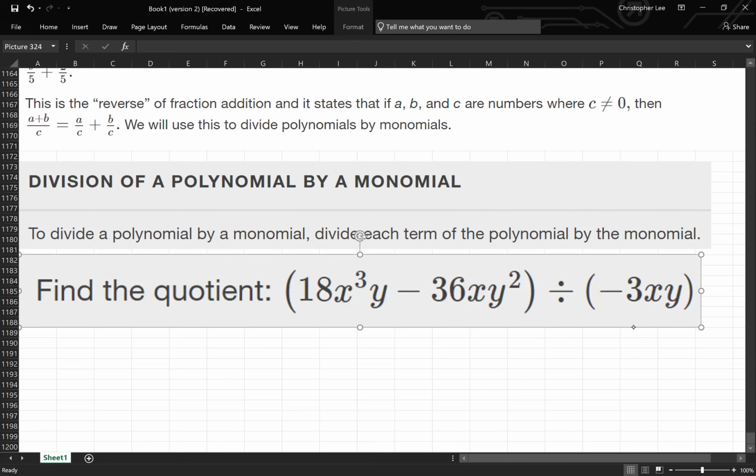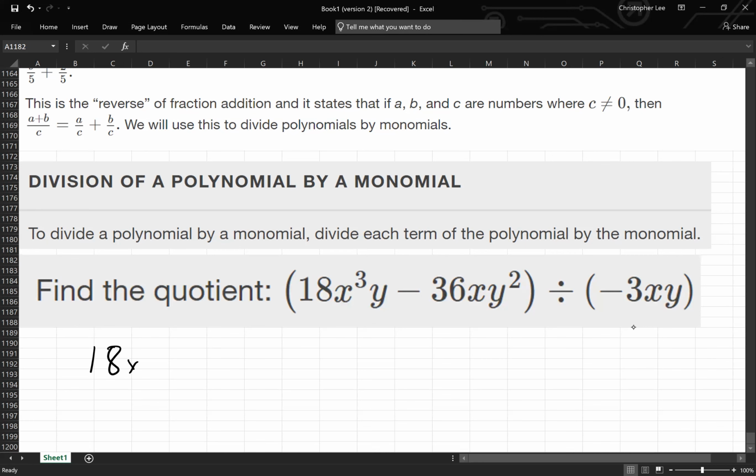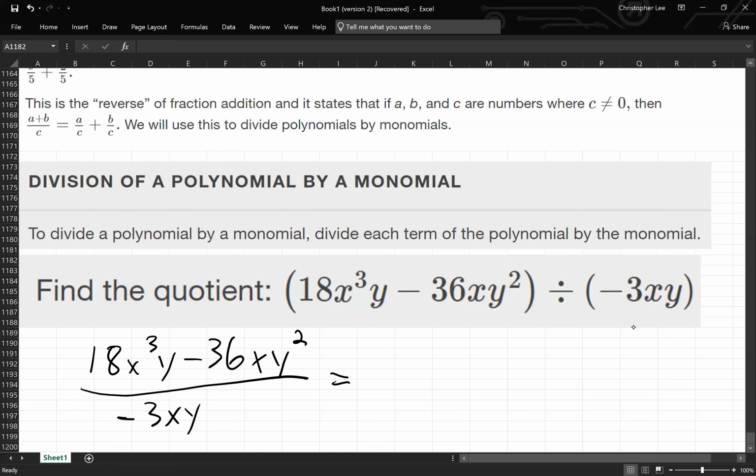So I have 18 x cubed y minus 36 xy squared divided by -3xy, right? So what I'm saying is take each term at the top and put the division beneath it.